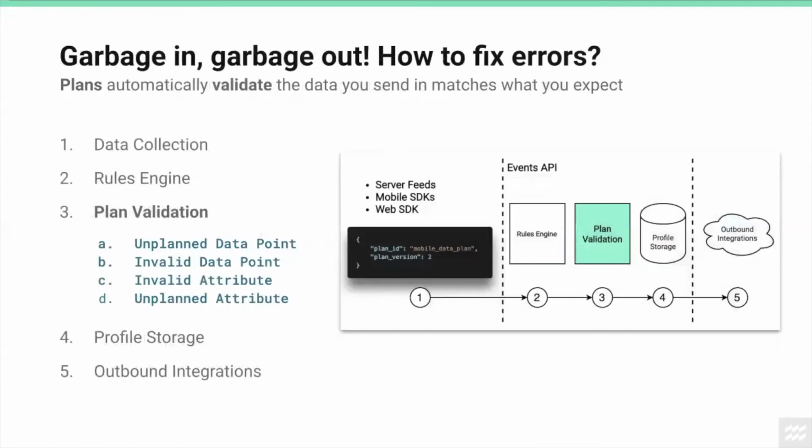And once the plan is in effect, it starts to automatically validate data collection, with a rules engine, and plan validation flags things like, hey, this particular attribute and user behavior insight is coming from my website for this type of user, but it's not attributed to a plan. That means you can evolve the plan and have different versions as you evolve your strategy around collecting data for that initiative.